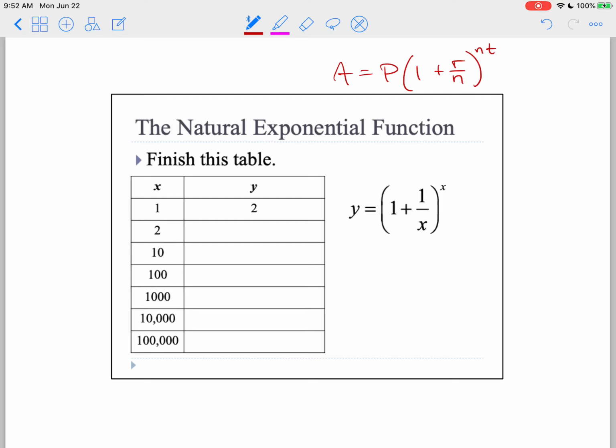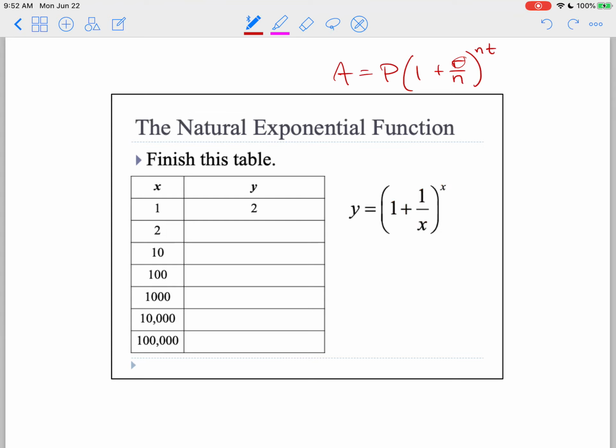And you can see, if you ignore the R here and just focus on the N's, you have this 1 plus 1 over N to the N power sort of creeping in here.